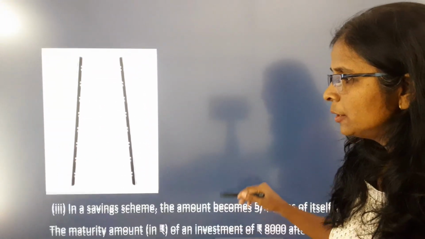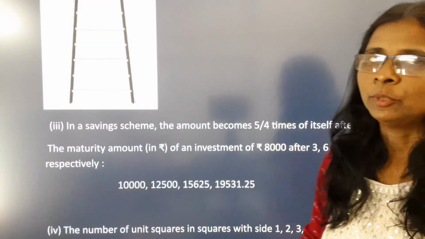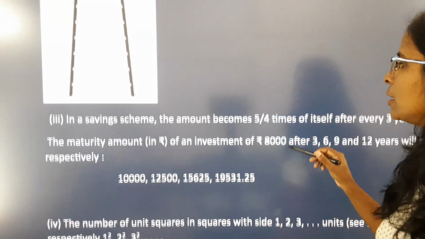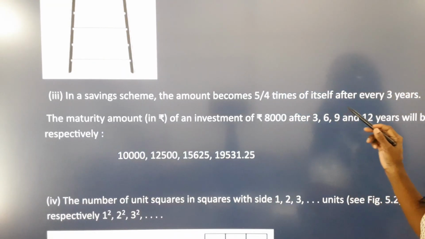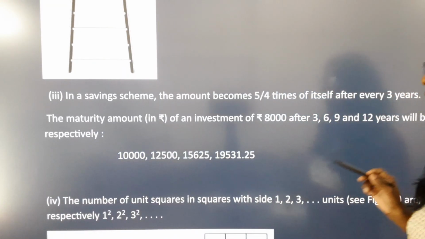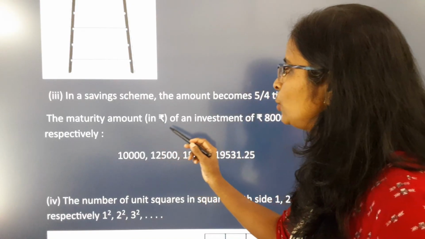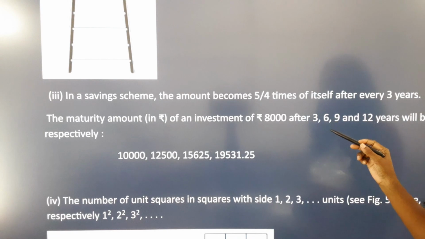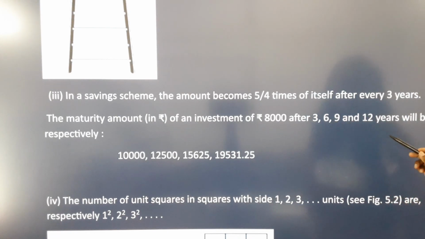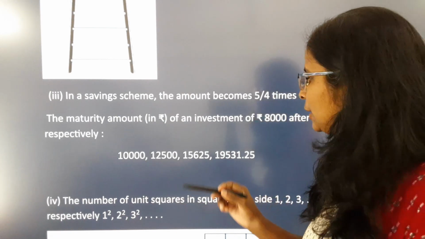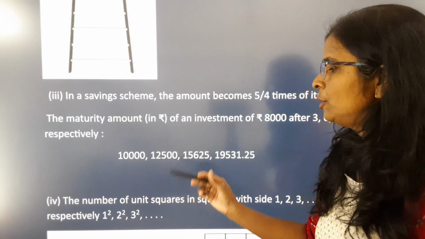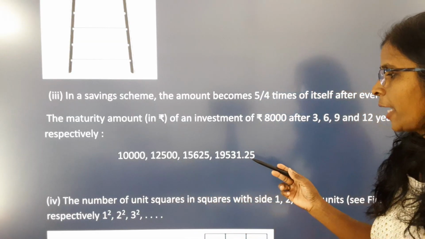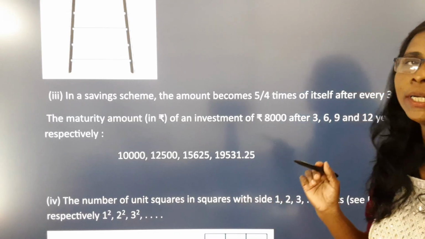Now the third example: in a savings scheme, the amount becomes 5/4 times of itself after every 3 years. The maturity amount in rupees of an investment of rupees 8,000 after 3, 6, 9 and 12 years will be respectively 10,000, 12,500, 15,625, 19,531.25.